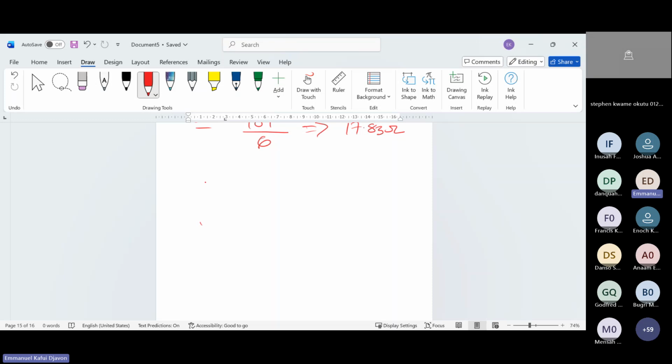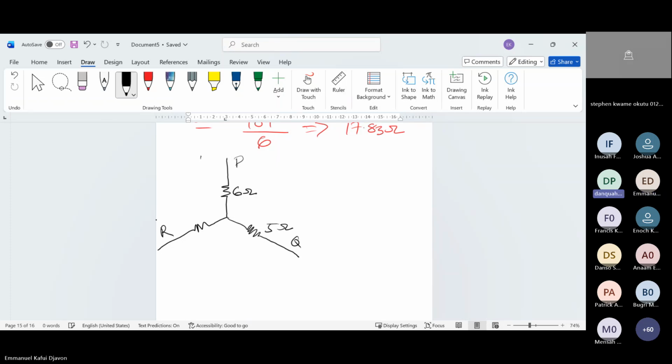Okay, so now you can draw this thing. The first network you are given is this. This is P, Q, and R. The first one is 6 ohms, 5 ohms, and 7 ohms.